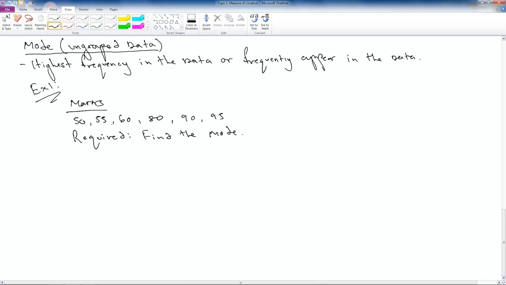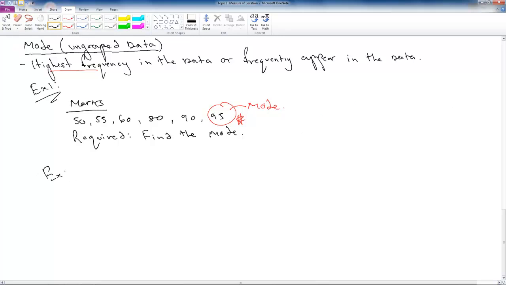Very simple, follow the theory. So here no repeating value. We only have the first theory, which is the highest frequency, 95. So that will be your mode. That's it. Are we okay with that?